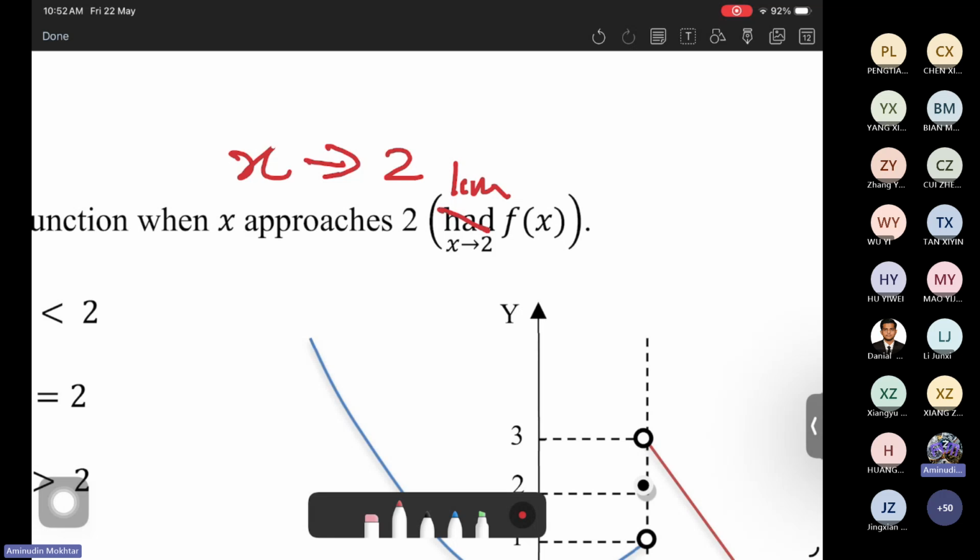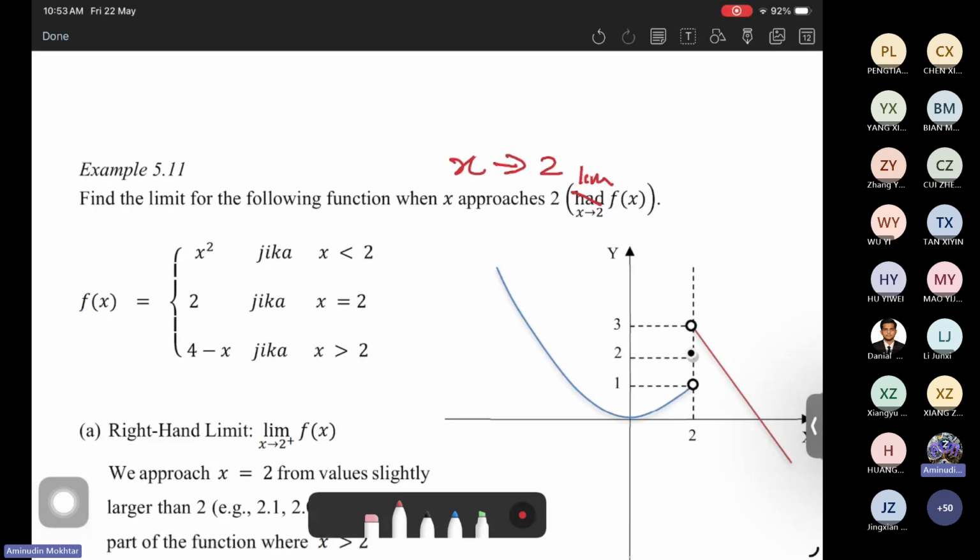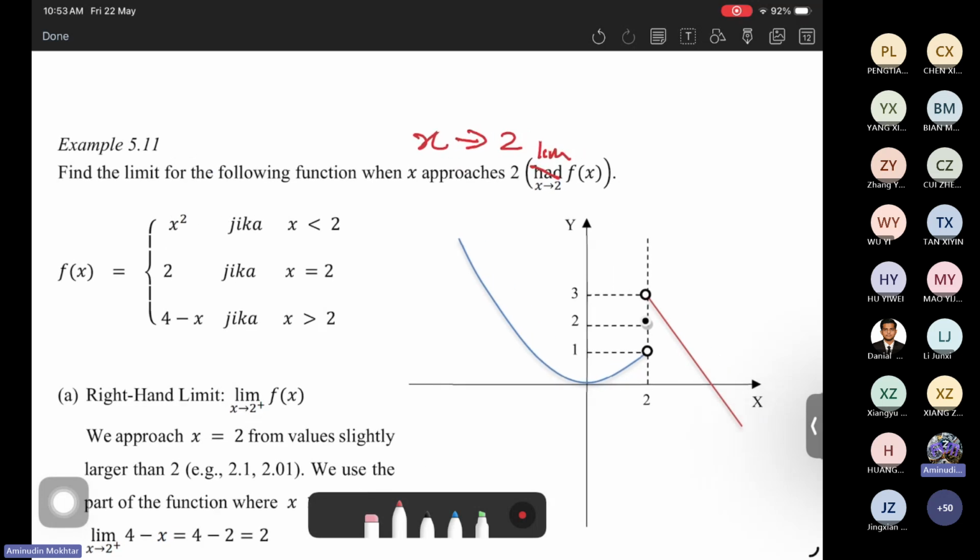Okay, now how do we find this limit? We have this type of function. We call it a piecewise function. This is one function, but it has three forms: quadratic, constant, and also linear. How to read this function?